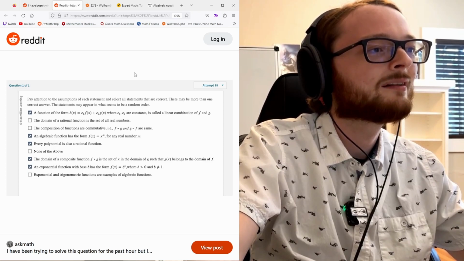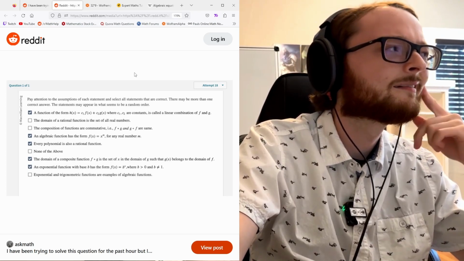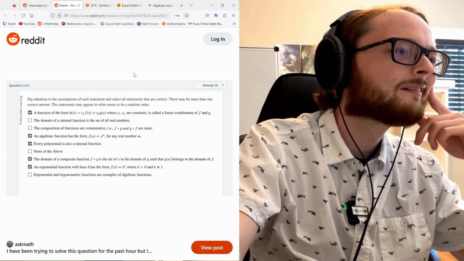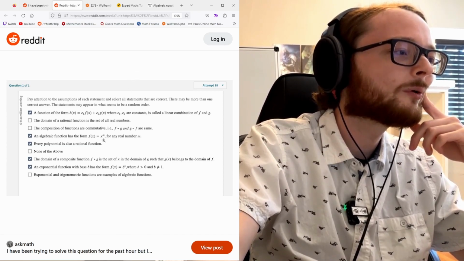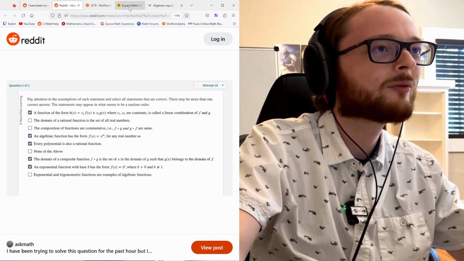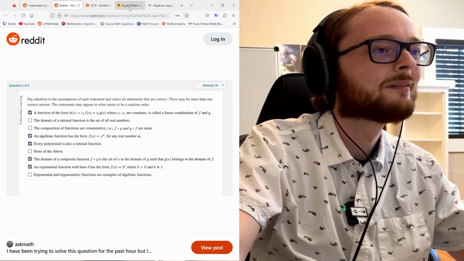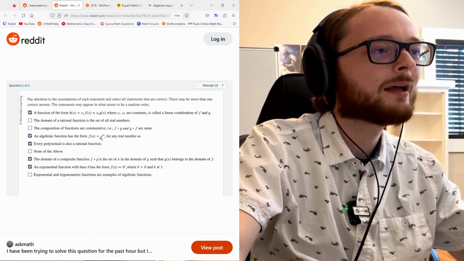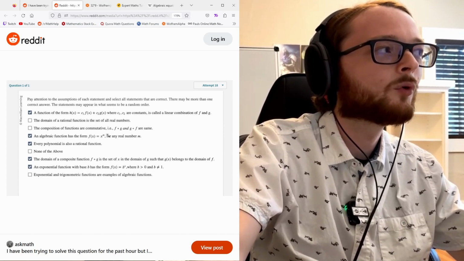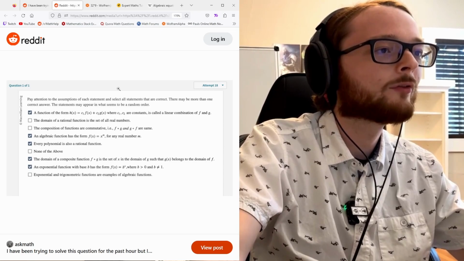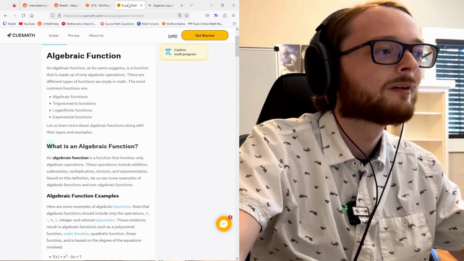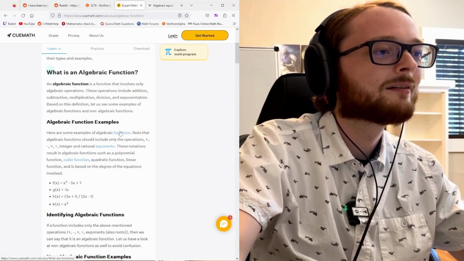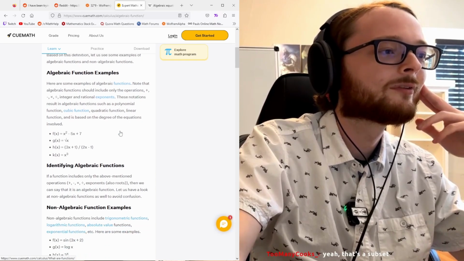I mean, well, I guess it should have more terms though too. Okay, I guess that's the point that they're making. This is one kind of an algebraic function, but there's many more because this only has one term. Okay. A subset, yeah, that's a good term to use.